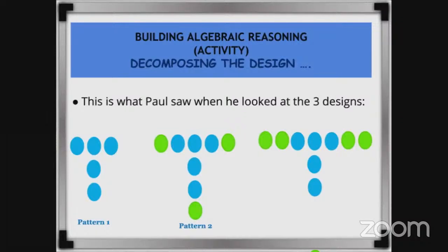So I can therefore try to see if my generalization would take me to pattern 4 if I add another set of 3 on those 2 sets of 3s. So remember, now I have 5 for 1, 8 for 2, 11 for 3, and I would add 3 to that, which would give me 14 for pattern 4. All right, and we could definitely go on and build up on that, but let us continue.